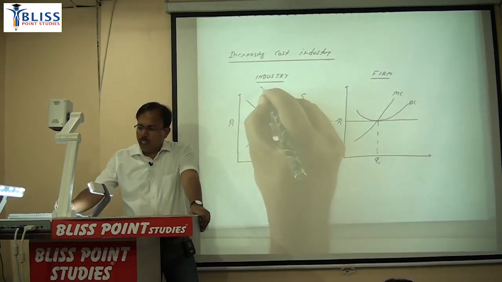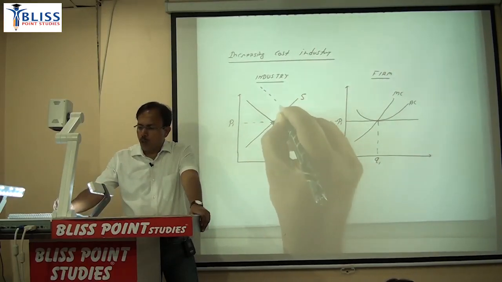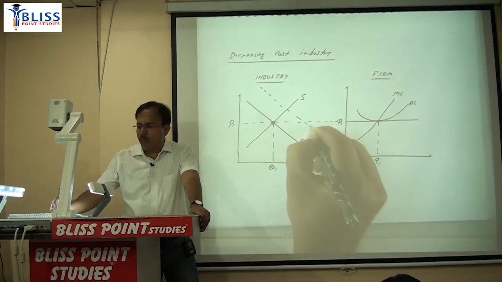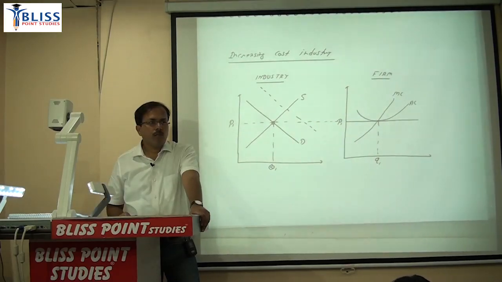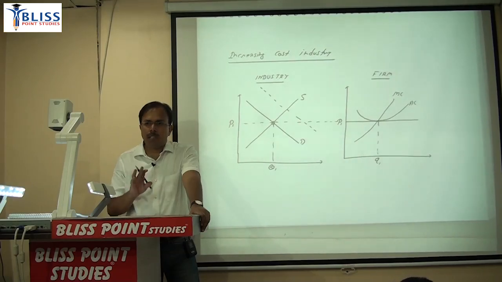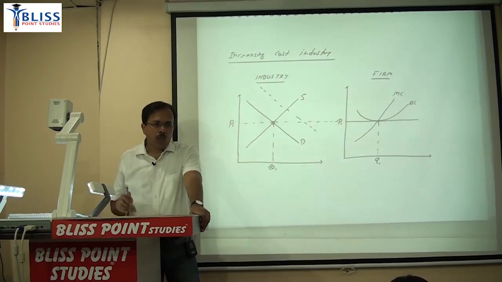When demand curve shifts to the right, what is the short run impact and what is the long run impact? Remember, in short run firms cannot enter, in long run they can enter. In short run, the existing firms will produce more, but in long run new firms can also enter into the market.